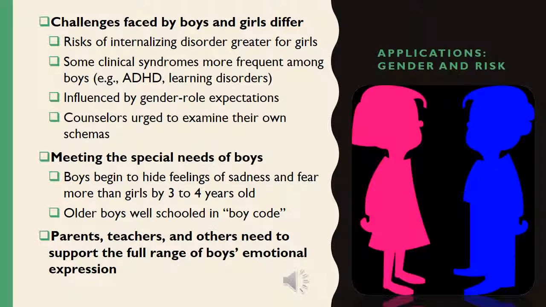They kind of go by boy code, which allows anger more so than the full range of emotions. So we want to help teach parents and teachers and others to really support the full range of emotions for boys, just as we do for girls, in this phase of middle childhood and early adolescence, and even early childhood, as we're seeing this happening as early as 3 to 4 years old. So we want to be very conscious of that as therapists.